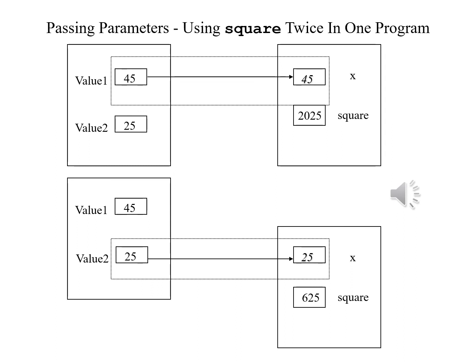In the second case, you'll notice this time it is the value of value2 that is passed over. It's copied into the space set aside for x in the memory set aside for the method printSquare. I will then calculate 25 squared, which is 625, and that is the one that I will print out.